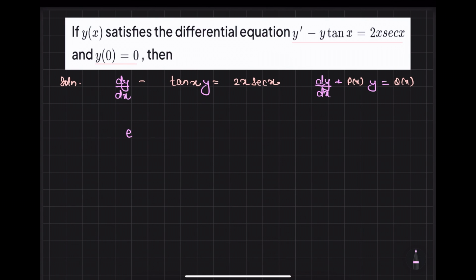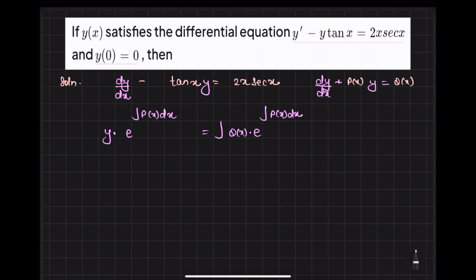We have to write y times e power integration p x dx is equal to integration of e power integration p x dx times q of x, whole integration.